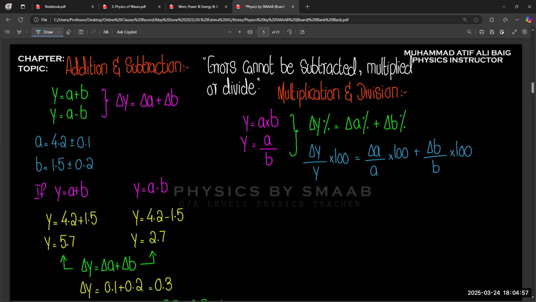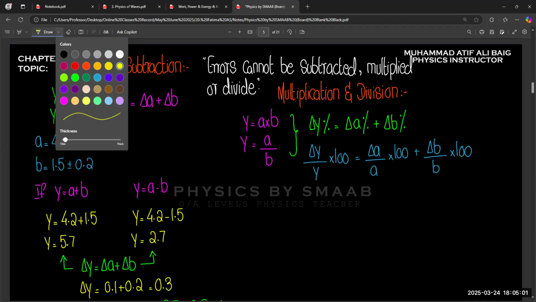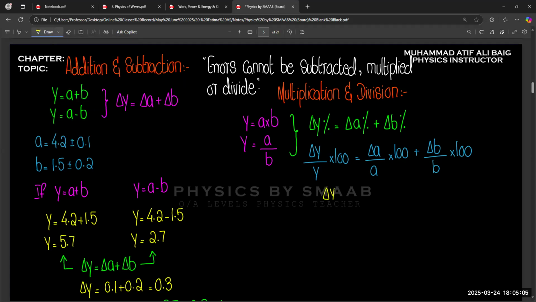And for example, if we are not using the percentage sign, we also write this value as delta y over y is equal to... So basically, this is the calculation part related to the uncertainty of multiplication and division factors.